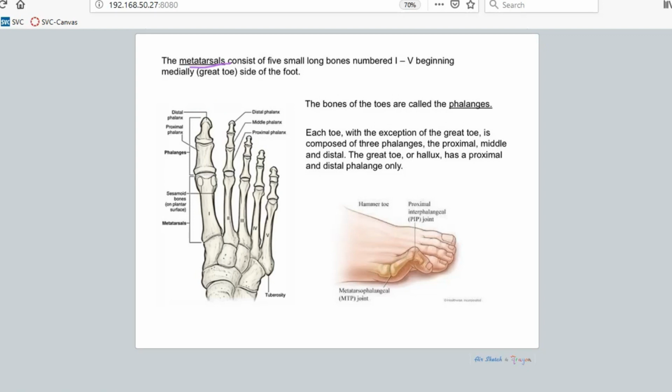And again, the metatarsals are numbered 1 through 5. Guess where number 1 is? Number 1 is associated with the big toe. Okay, so there's metatarsal 1, 2, 3, 4, 5.